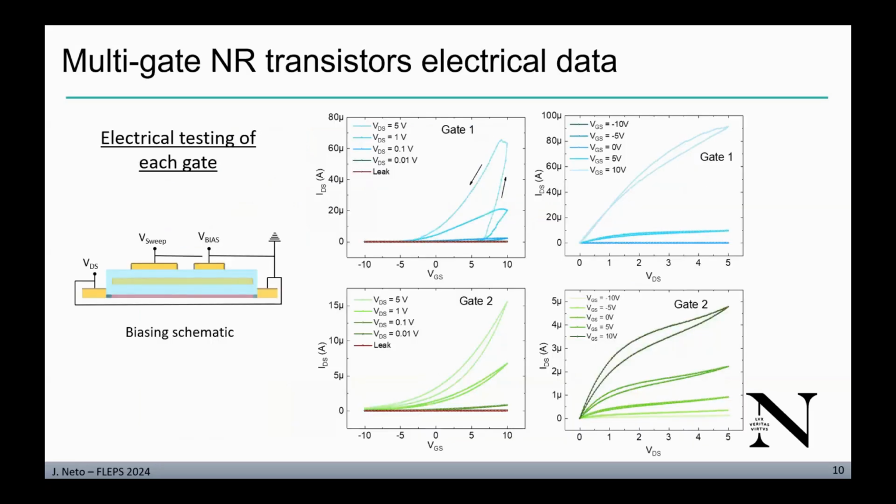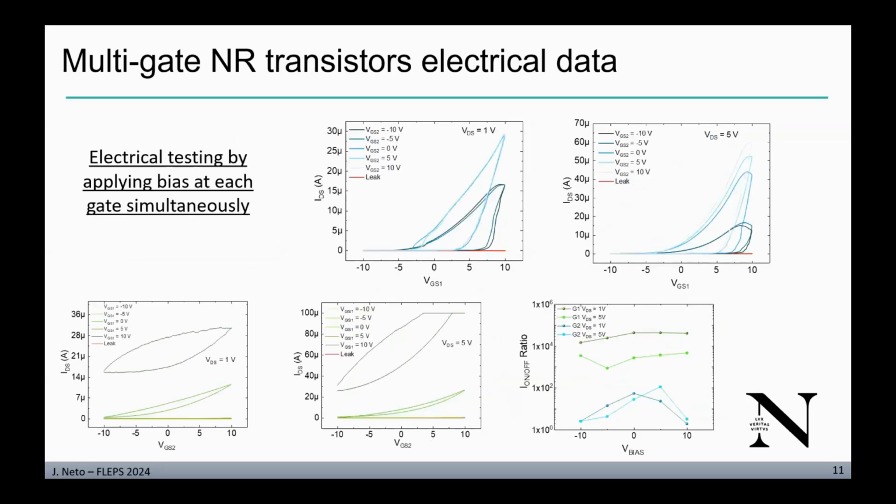In terms of electrical testing of each gate, this is the arrangement shown here. That is the response from gate 1. There is the input-output characteristic that you see here. There is a hysteresis, possibly because of surface states, charge trapping, detrapping, etc. And this is gate 2, when you characterize this device by applying bias voltage at individual gates.